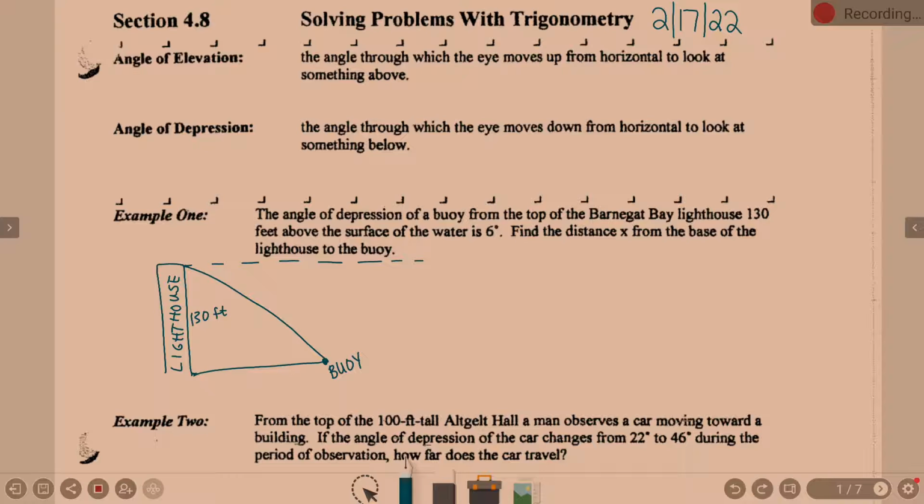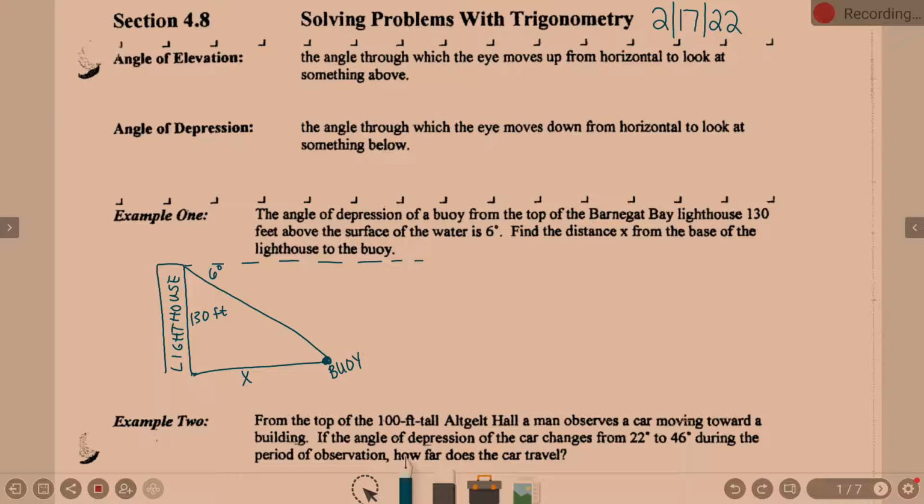Pretend that is a straight line. I'm going to try and fix that a little bit better. Okay, there we go. 6 degrees is the difference between the horizontal looking out and the angle looking down at the buoy. And then it says find the distance x from the base of the lighthouse to the buoy. So we're finding x right there.